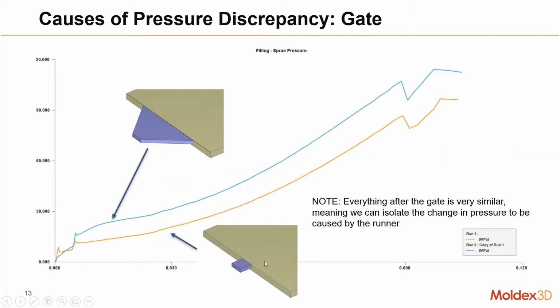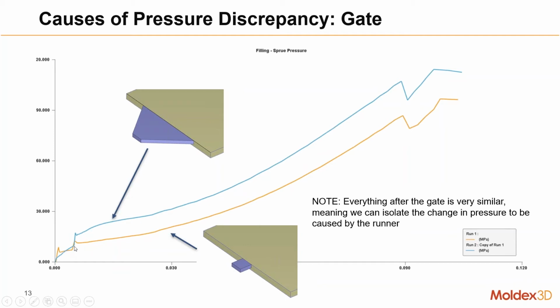And here's just a very quick case study, just to show you the difference between 2 different types of gates. This one here has a much larger cross-sectional area right at the part, but it actually has a longer flow length. You can see that the pressure drop through that, the blue curve, is much larger than just having a nice simple edge gate. So the cross-sectional area for this edge gate is much smaller, but the flow length is shorter.